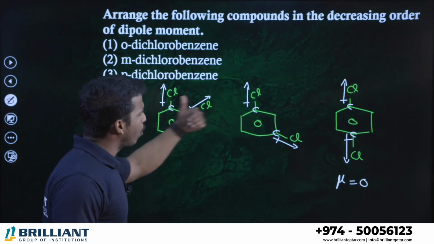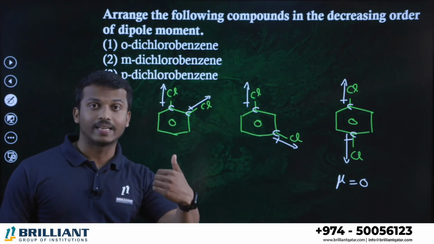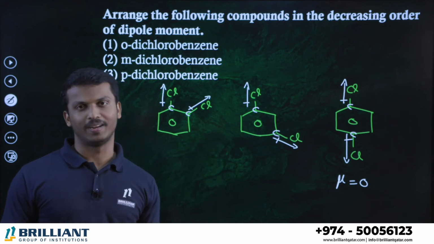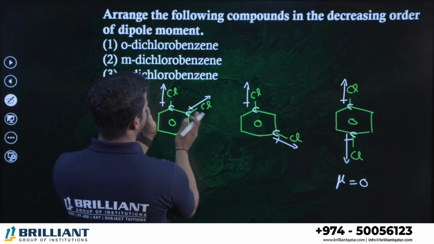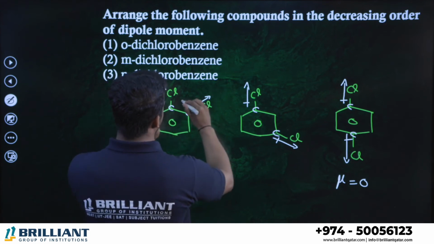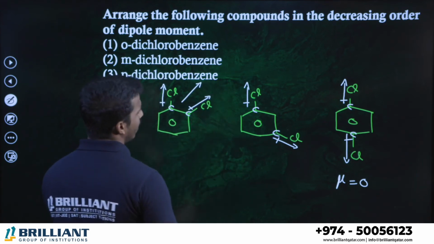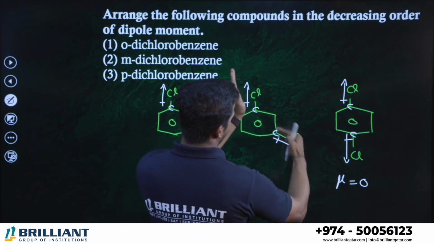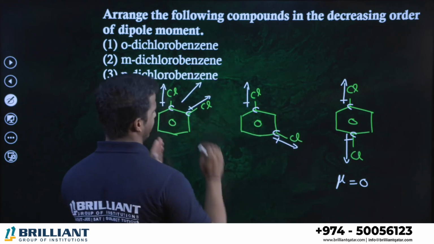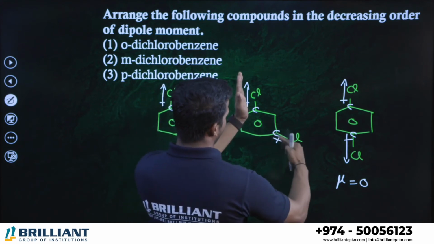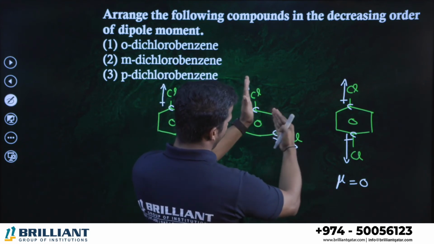Whether ortho or meta, which one has the greatest polarity or dipole moment? Can you say? Dear all of you, chlorine and chlorine are at almost a 60-degree angle. This is the resultant, no doubt. Here, chlorine and chlorine are around 120 degrees. This is around 60, this is 120, this is 180. So here, almost coming to the opposite way, right?